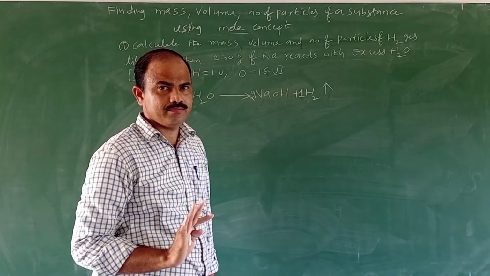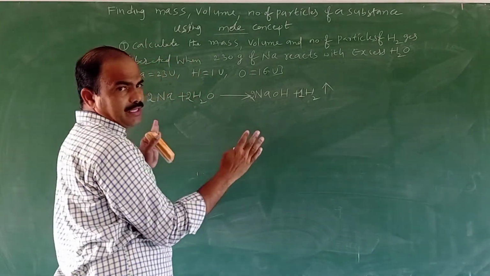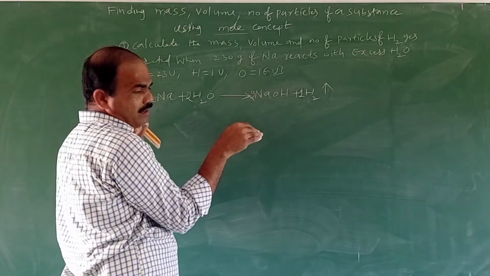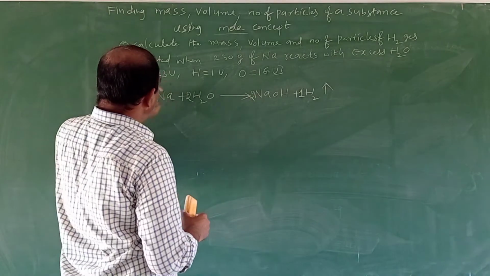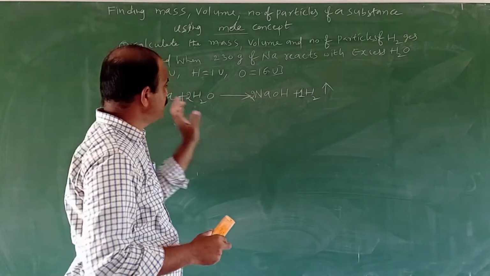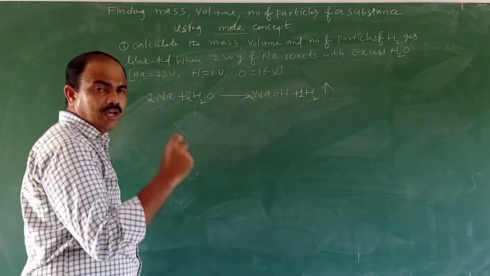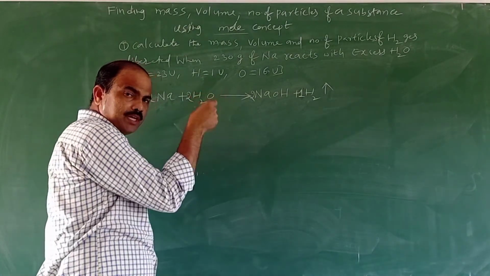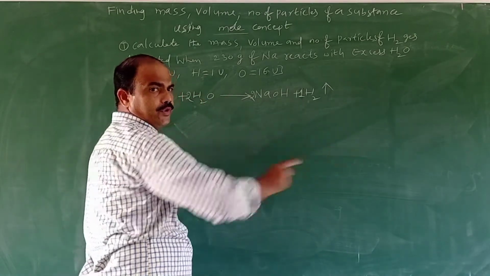And if any chemical reaction is given, after balancing, you get some coefficients. Those coefficients give the number of moles: how many moles of the reactants and how many moles of the products are produced.